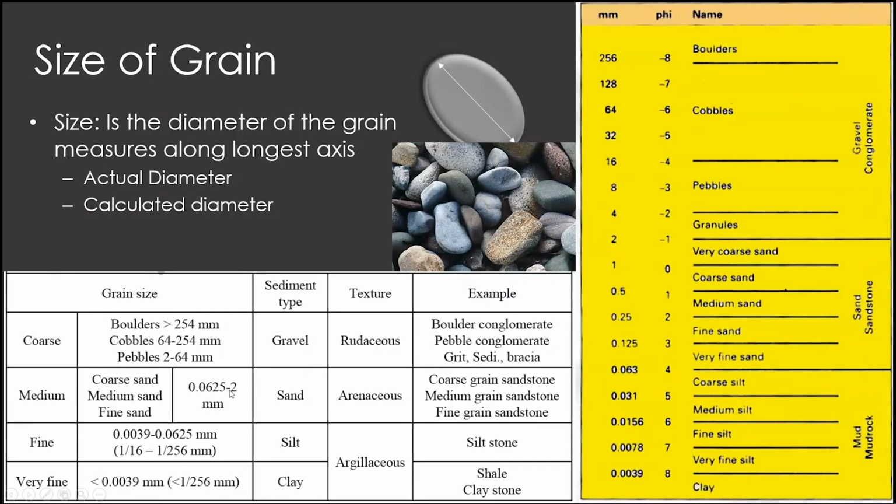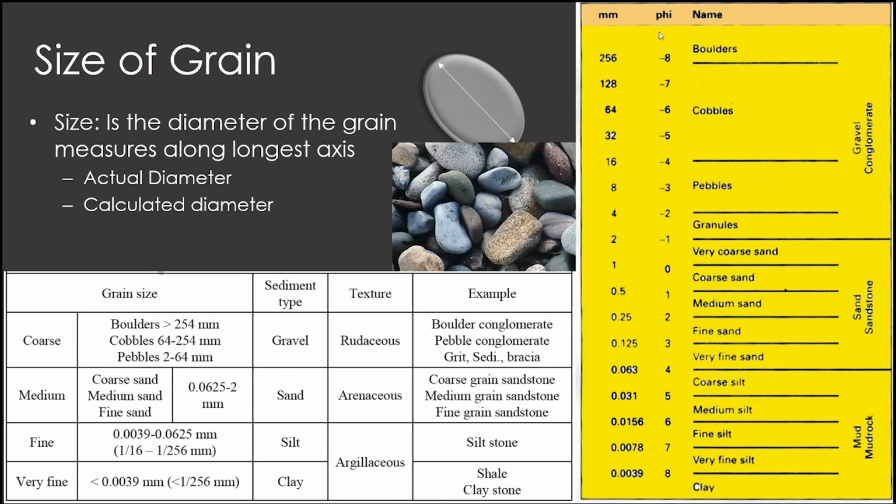And if you look at the detailed characteristics of these size fractions, in the first column you will see the diameters in millimeter, starting from 256 and coming down to around 0.0039 millimeter.